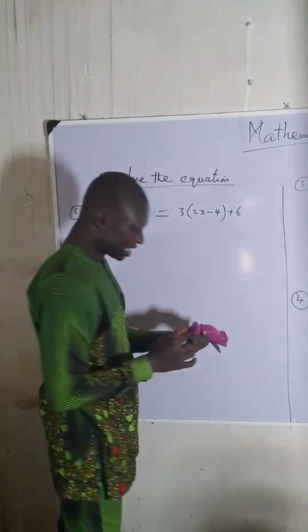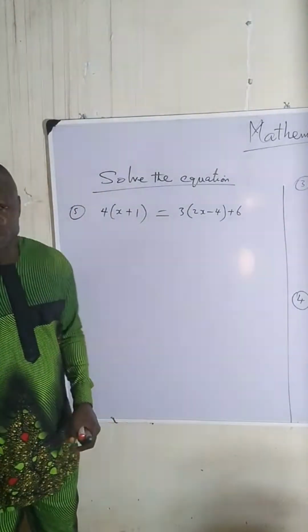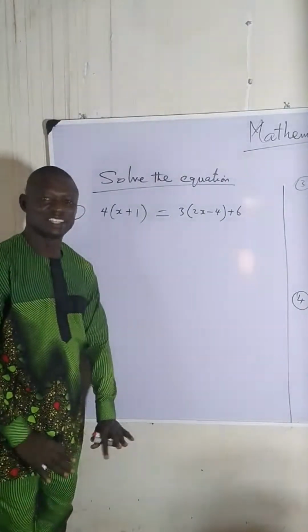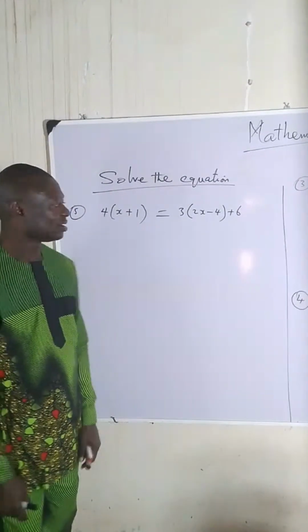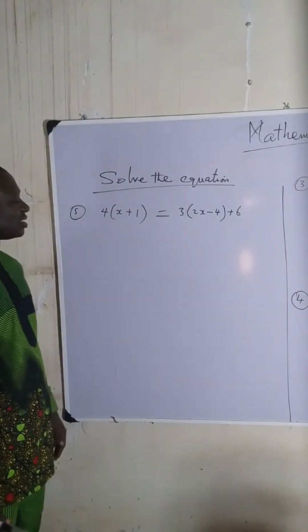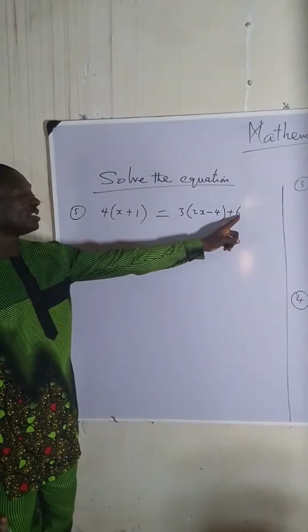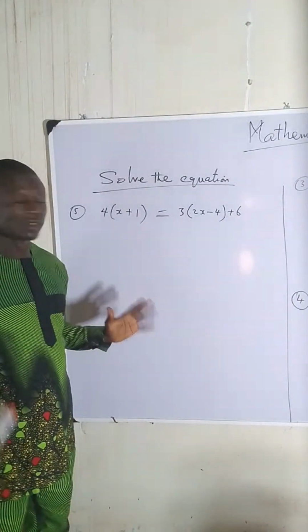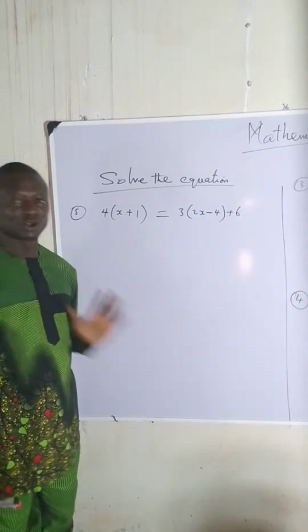Yes, as I said before, I want to be very thorough with questions so that it will show us the different ways questions can be asked in a particular topic. What we have here, we're supposed to use 4 to open this bracket and use 3 to open this bracket without involving the 6. 6 is on its own. It's once we have finished opening this bracket that will allow plus 6 to come in.